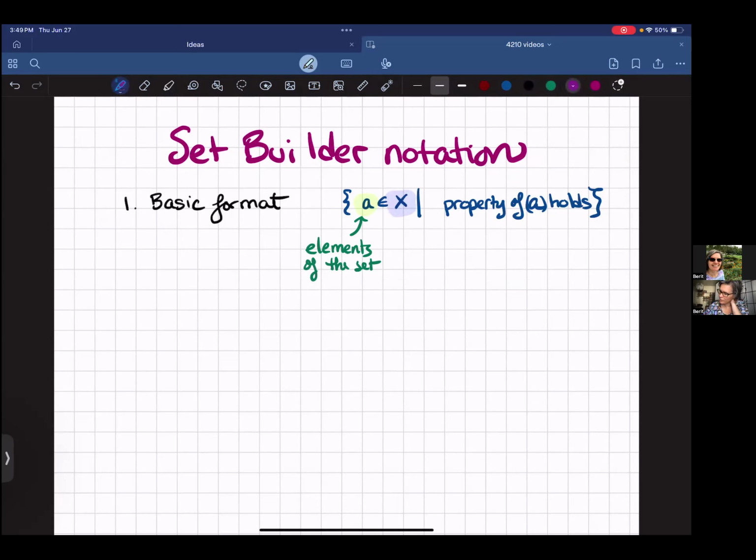That's sort of optional, but this is the universe the elements come from. And then finally, over here on the right, we have the property that must be true to be in the set.